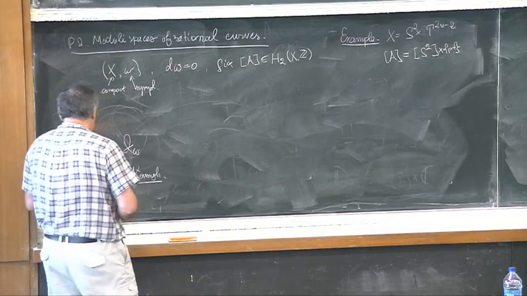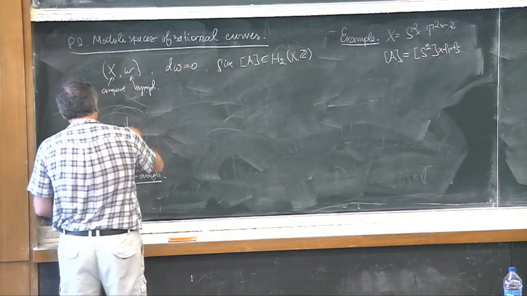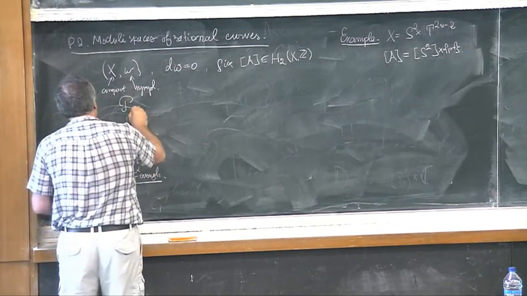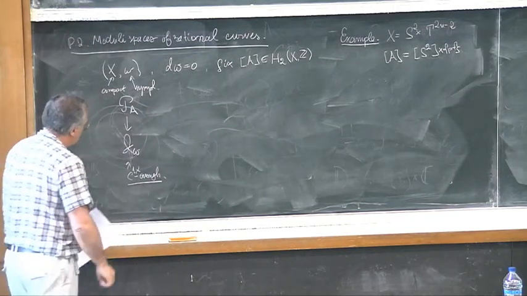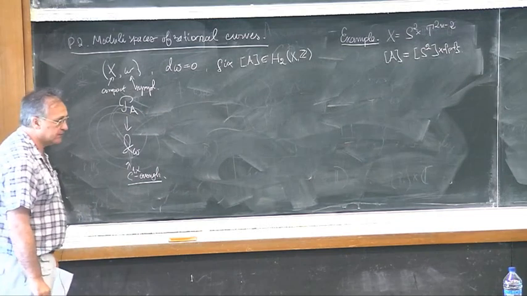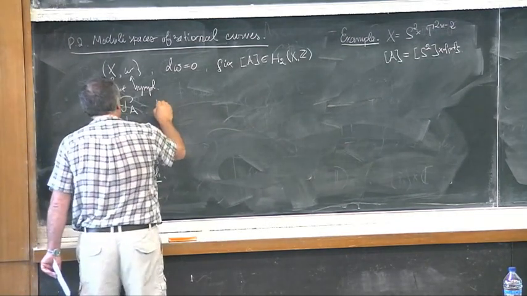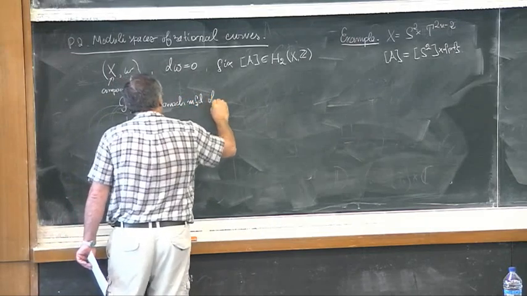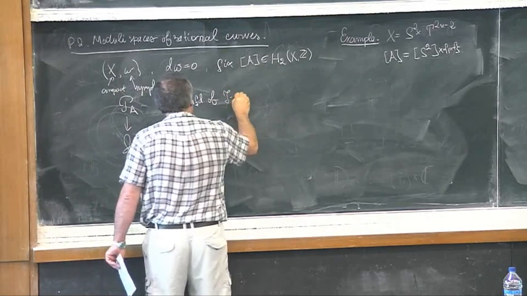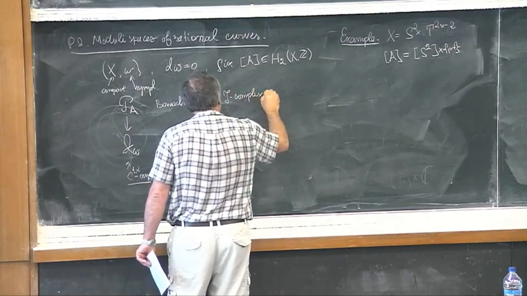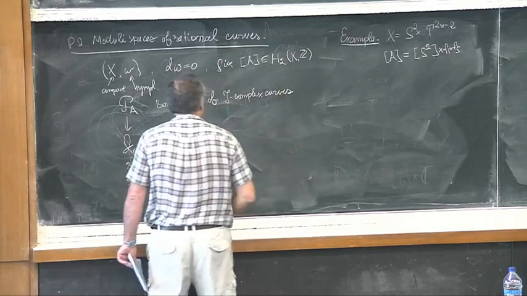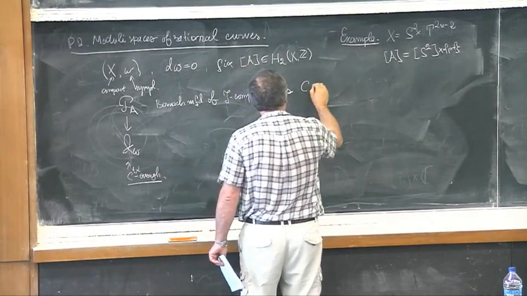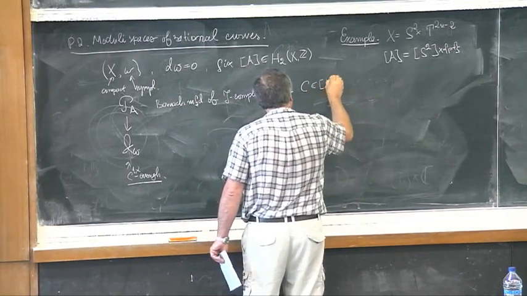And now, over this manifold, we consider the manifold of J holomorphic curves. So this is a Banach manifold of J complex curves C, which belong to the fixed homology class.